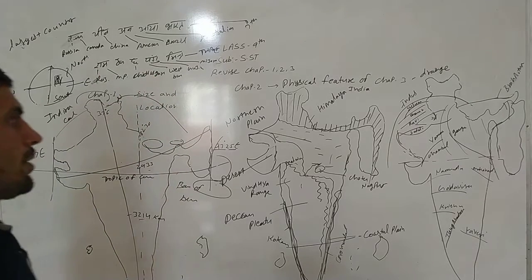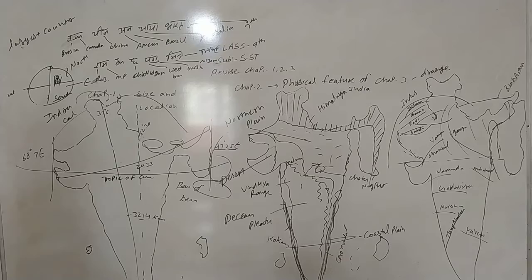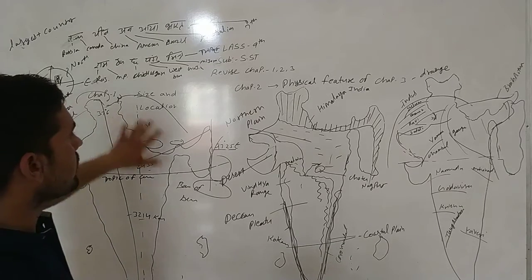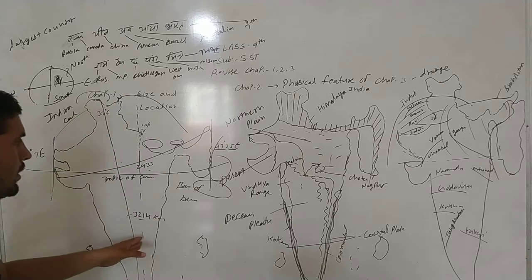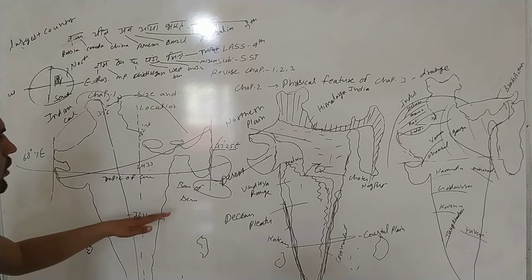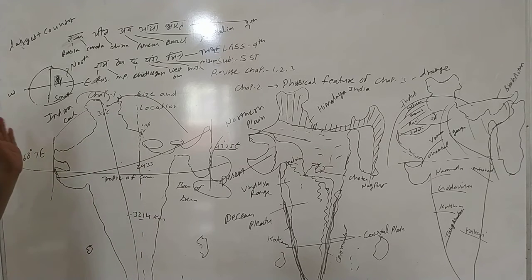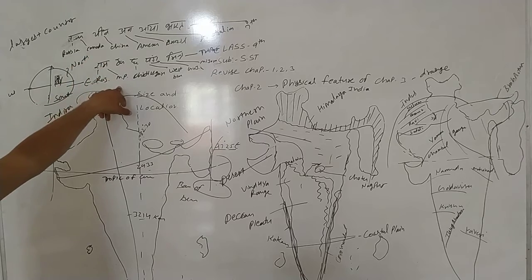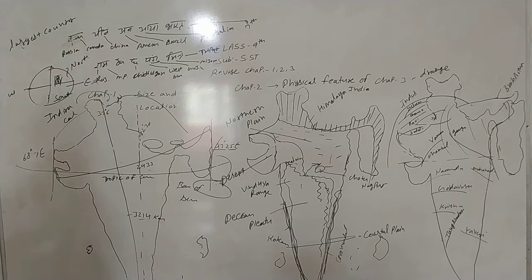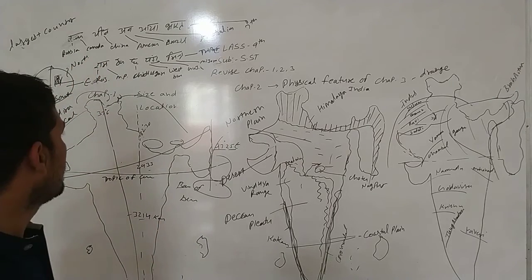These are our neighbor countries. In the first chapter, all of this is given in your book: the Tropic of Cancer, meridian line, east to east location, upward, downward, size and location, rank of size, the Tropic of Cancer line, neighboring countries, and relations with them.